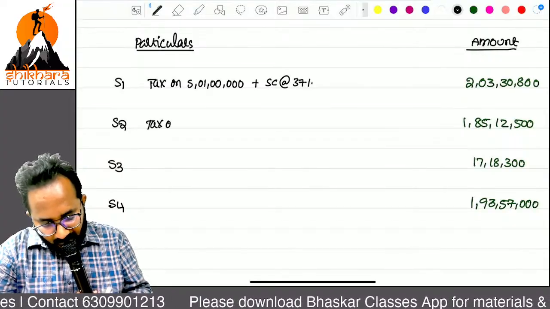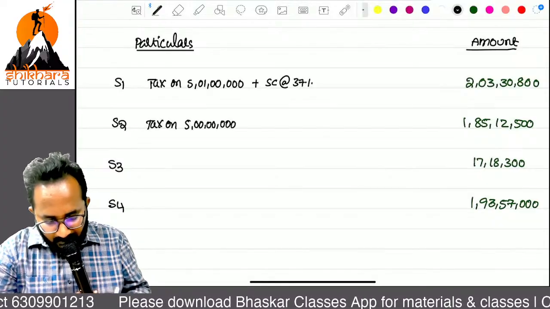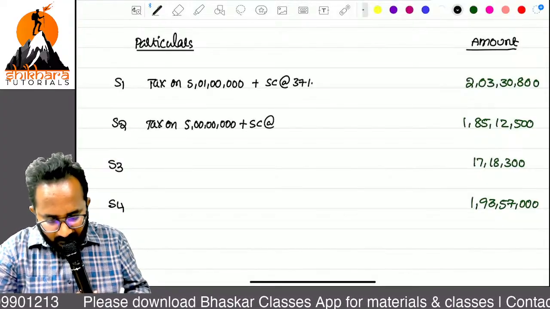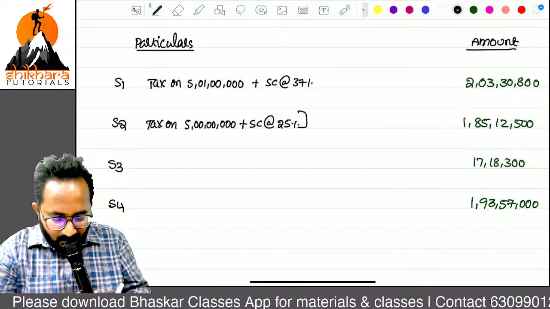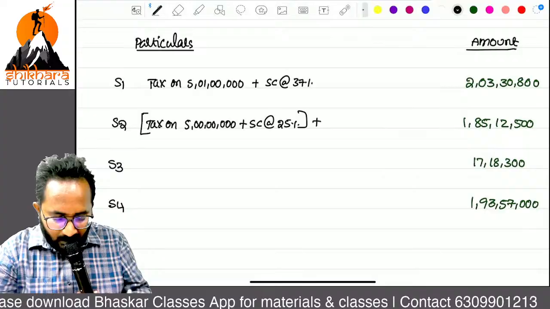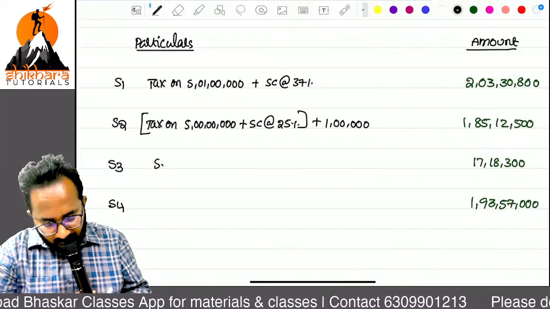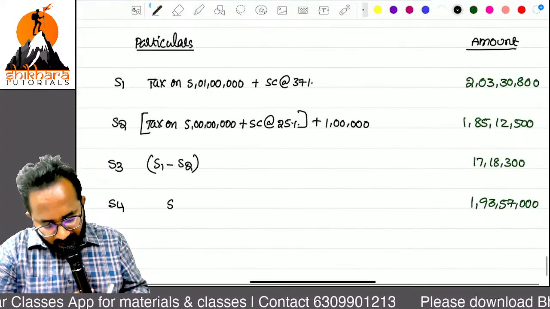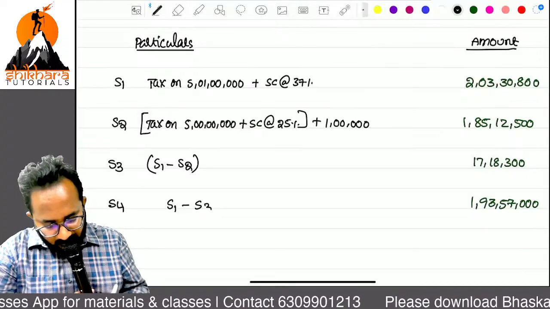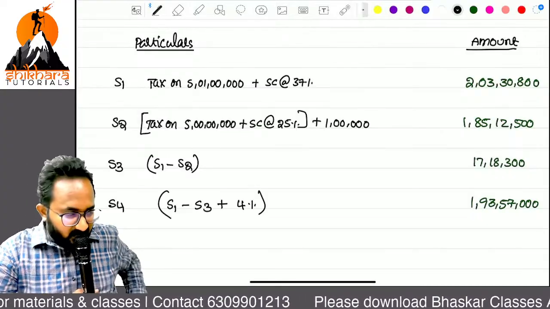Next, tax on 5 crore plus surcharge at the rate of how much, ma? 25%, and the excess amount we have to add how much, ma? 1 lakh. This is step 1 minus step 2 marginal relief, and next step 1 minus step 3, plus 4% health and education cess.